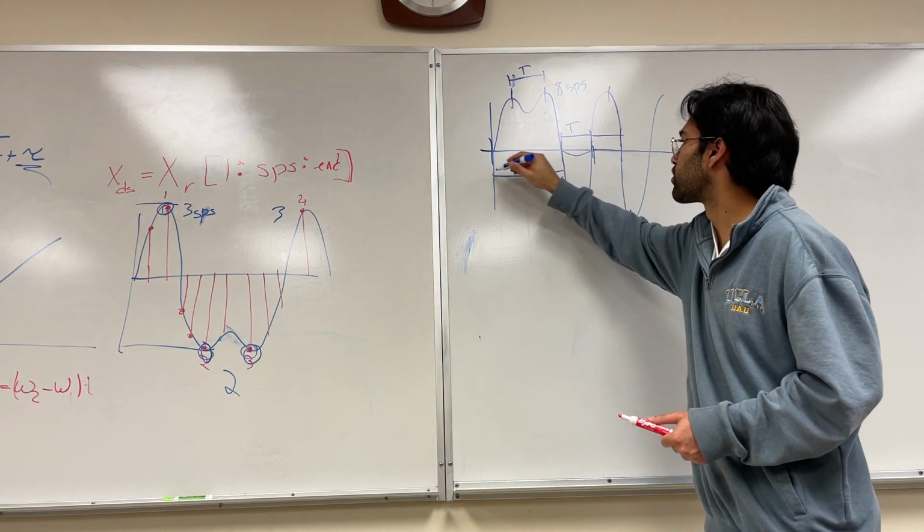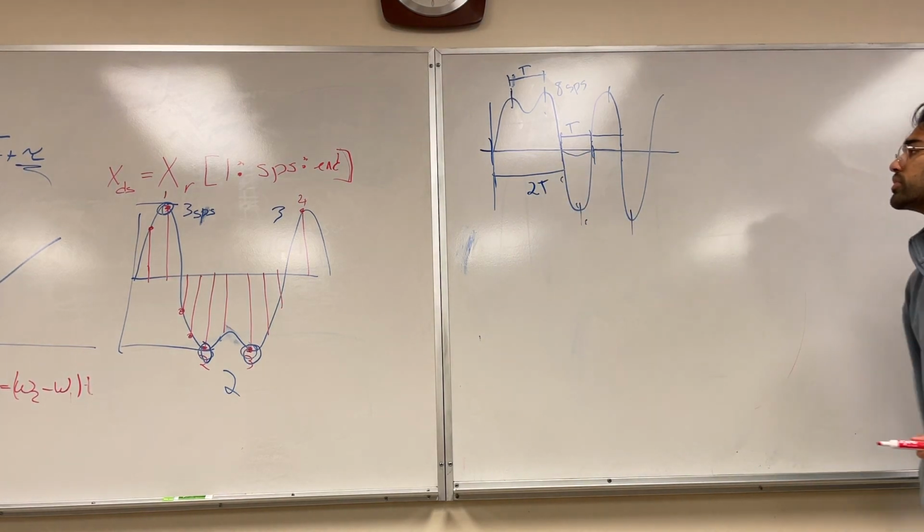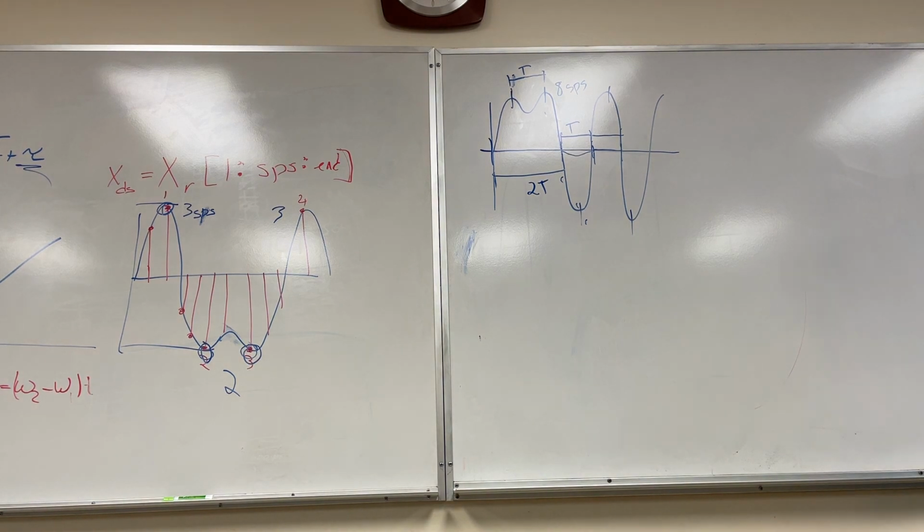Like right here, it might occur 2t, right? So it's not exactly the same method. But let's keep this property in mind, and I'll come back to it actually.